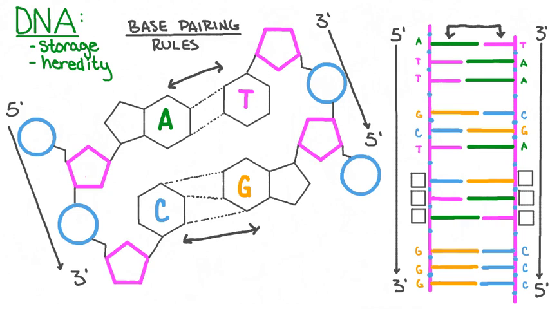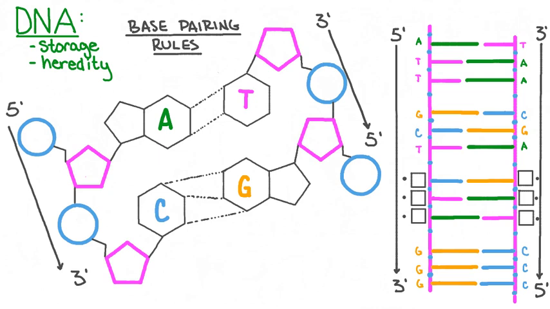You'll also notice that a larger base always pairs with a smaller base. This allows the DNA molecule to maintain the same width along its length. This is what we refer to as the base pairing rules. I've left some blanks on our example DNA strand so that we can practice base pairing together.